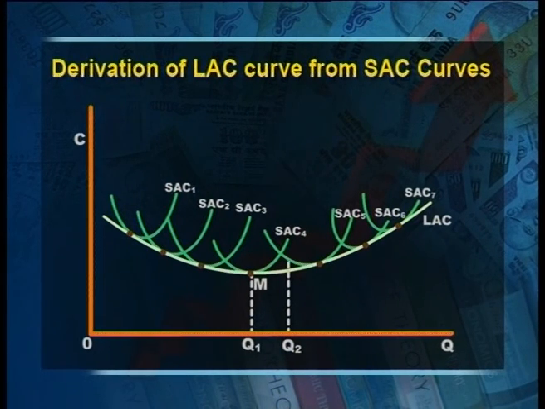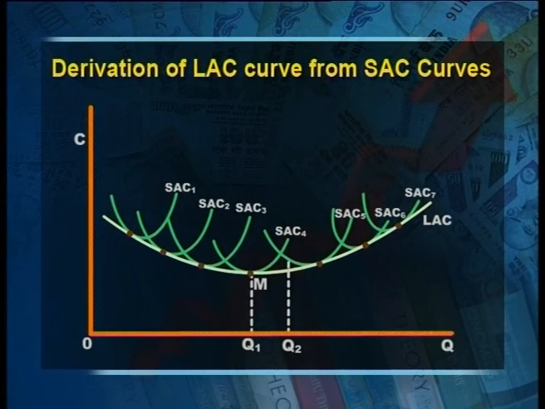Similarly, for output levels more than Q1, the point of tangency between long run average cost and short run average cost is to the right of their respective minimum points. For the Q1 level of output, the point of tangency between LAC and SAC at its minimum point is represented at point M, which is also the minimum point of LAC.